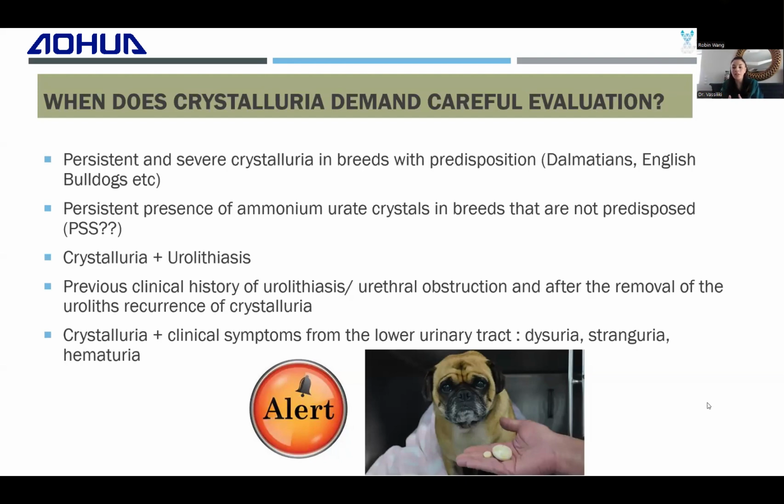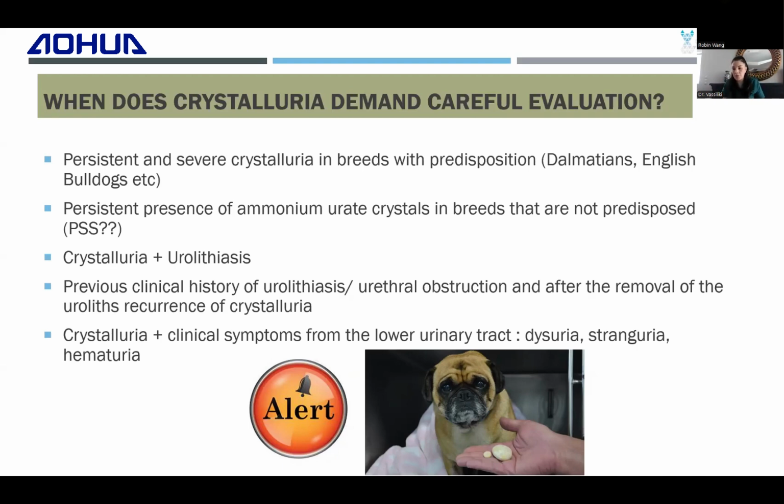If these animals had undergone a urinalysis earlier in their lives, they might have been diagnosed earlier. So persistent presence of ammonium urate crystals in breeds that are not predisposed could be a problem as well.